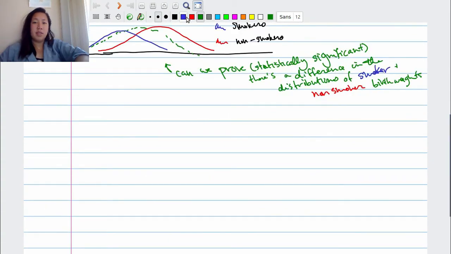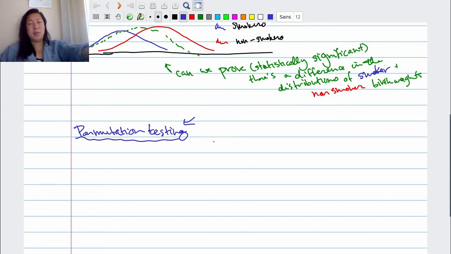Otherwise, we also have our permutation testing. It's not confusing, but the word testing in it feels like a misnomer, because you'd expect it to be like hypothesis testing or A/B testing, where you're trying to prove or disprove some hypothesis.